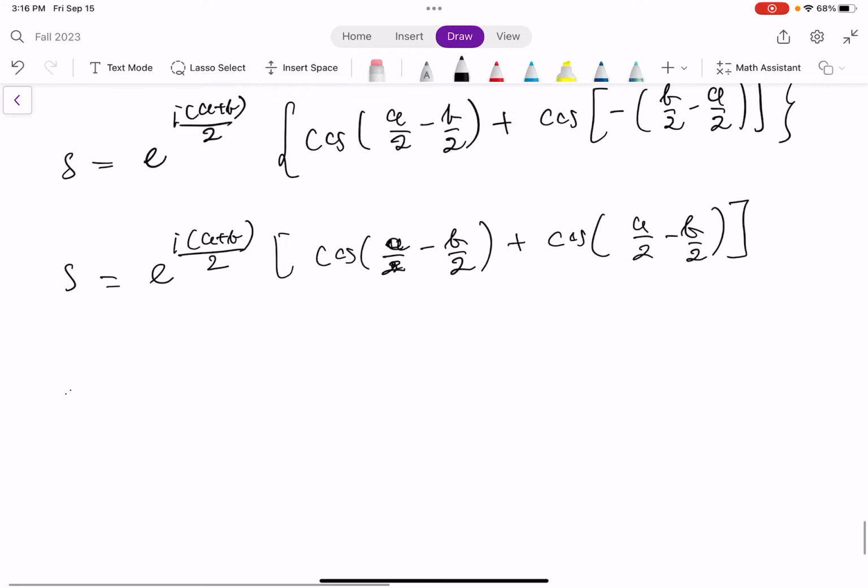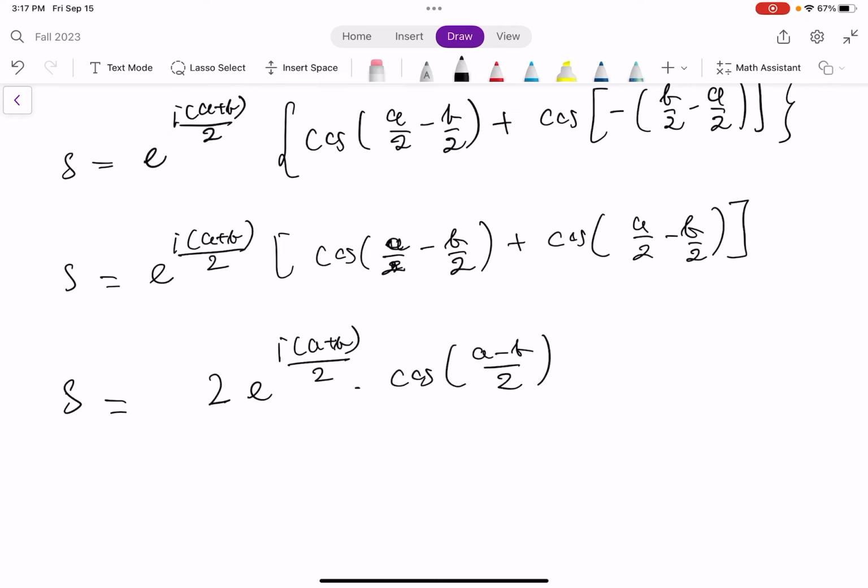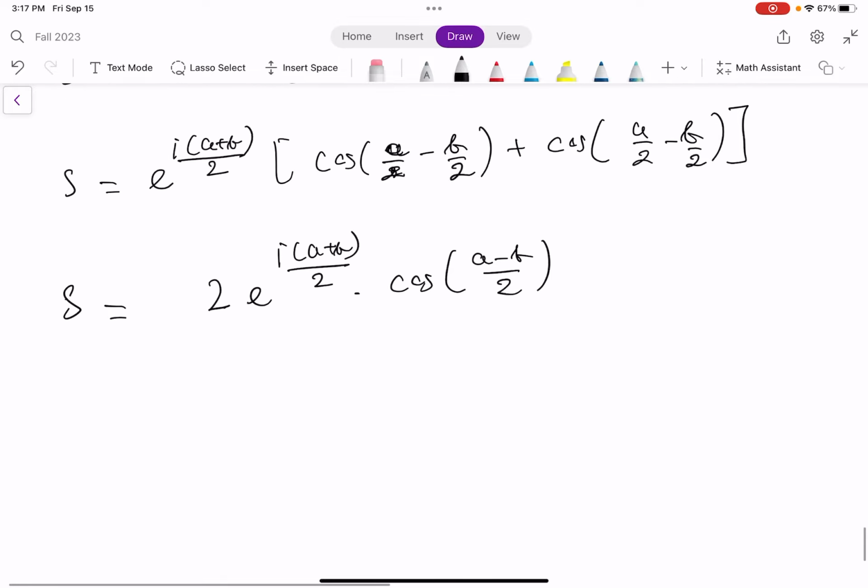And so your sum is going to be 2 times e to the power i times (a plus b) over 2 times cosine of (a minus b) over 2. This is going to be your new sum, and this is equal to e to the power ia plus e to the power ib.